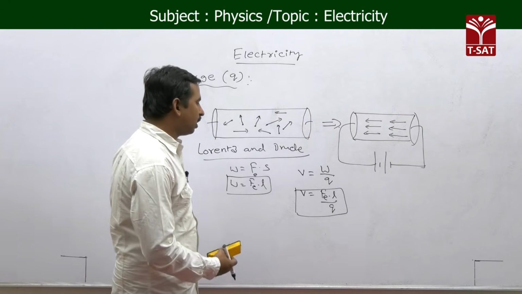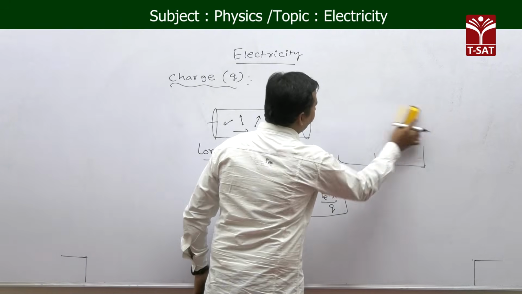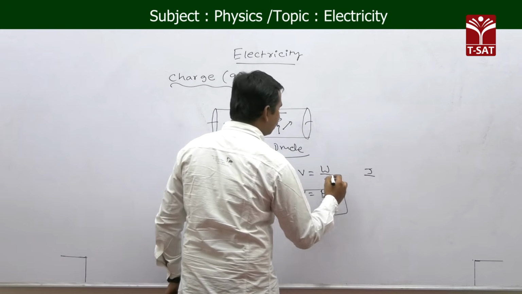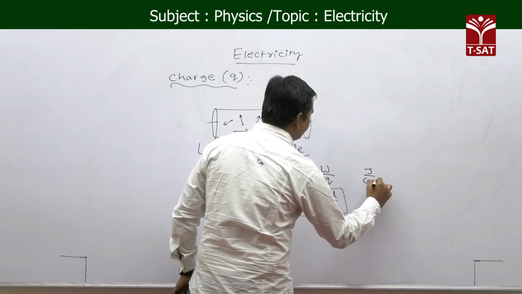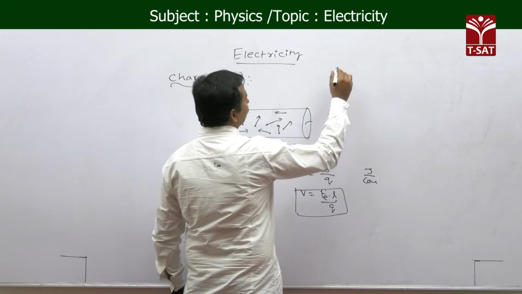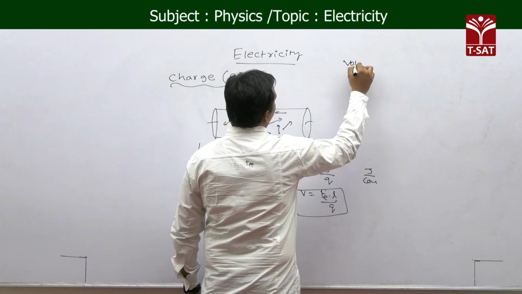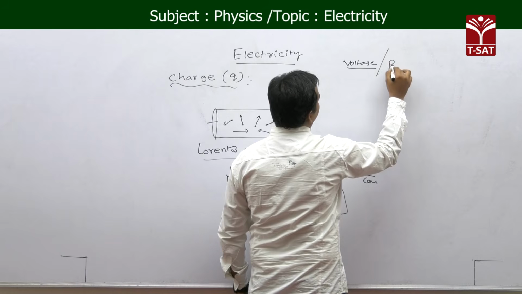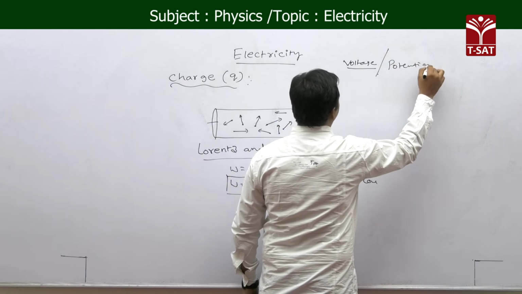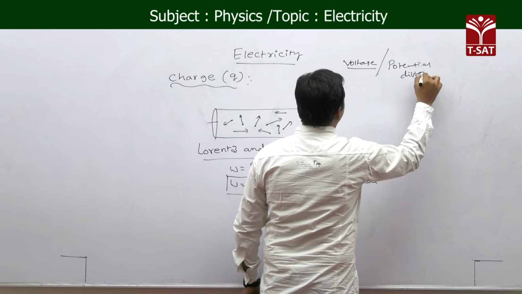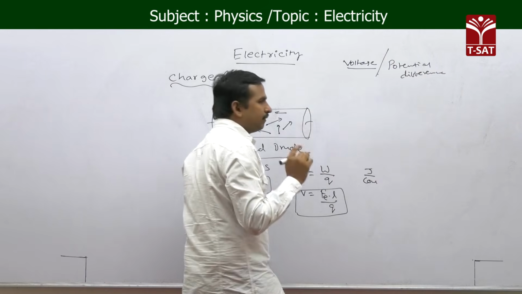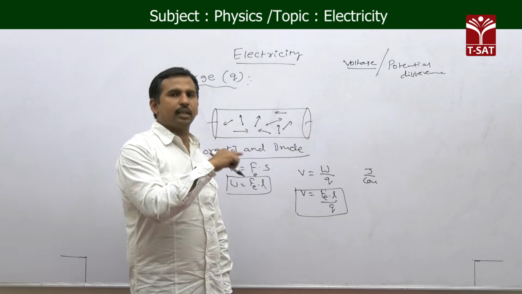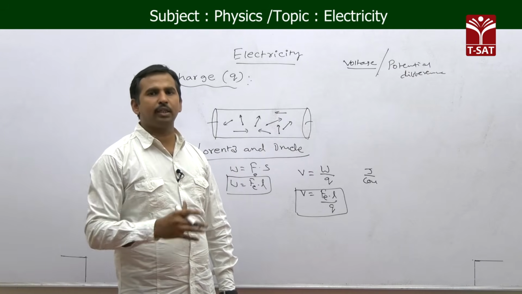As V is equal to W by Q, its units we can write as W in joules and charge in coulomb, joule per coulomb. So voltage, or potential difference, is nothing but the work done by the battery on the charge to move inside the conducting wire in a particular direction.